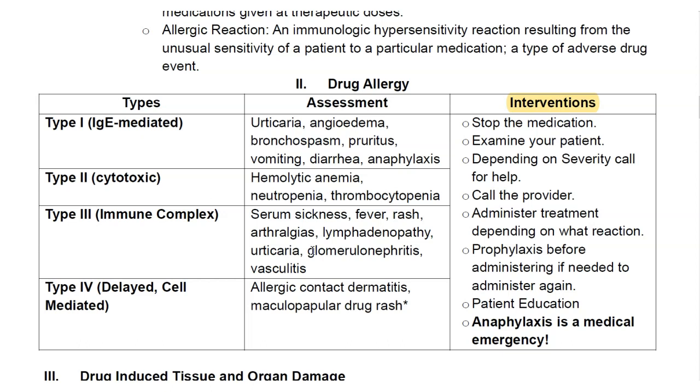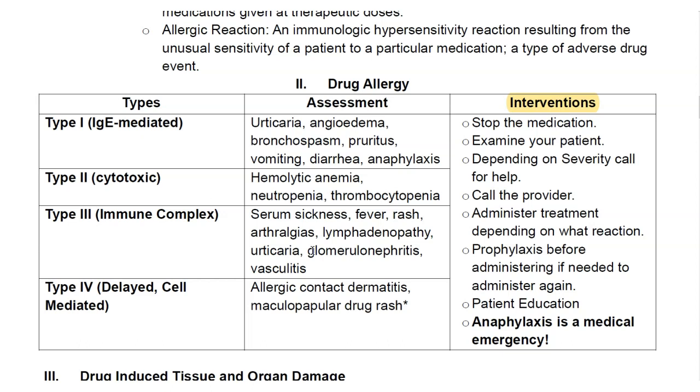Now, type 4 is the delayed cell mediated. An example of this would be allergic contact dermatitis, so rash, maculopapular drug rash. Some patients, after you give them medication, maybe minutes to hours later, start developing some skin reaction. So the delayed cell mediated is usually a skin reaction.